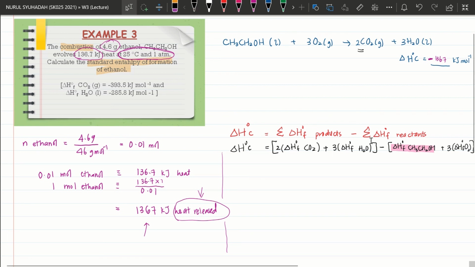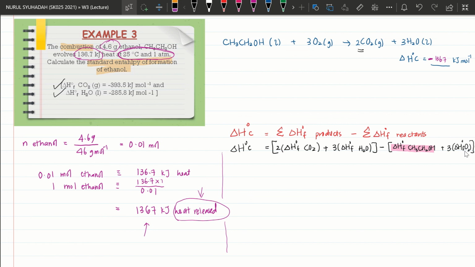So once you have all the equation over here, if you look, we have the information on formation of carbon dioxide, we have the information on formation of H2O. So for formation of oxygen, since oxygen readily exists at 25 degrees Celsius and 1 atm pressure, it does not need to be produced, so the delta H formation is 0.